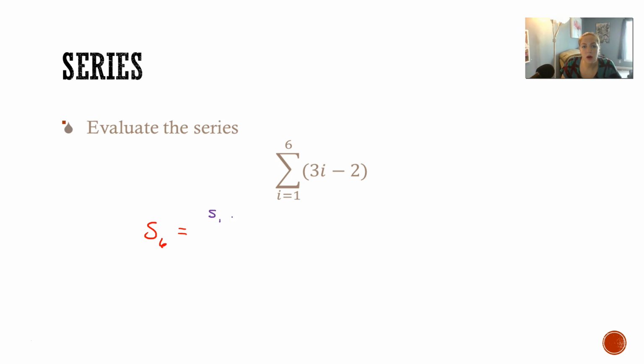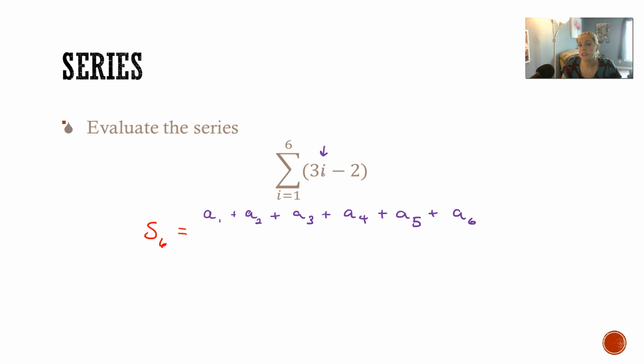So A sub 1 plus A sub 2 plus A sub 3 plus A sub 4, all the way up to A sub 6, because it says I go from 1 to 6. So we need to plug in the number for i.